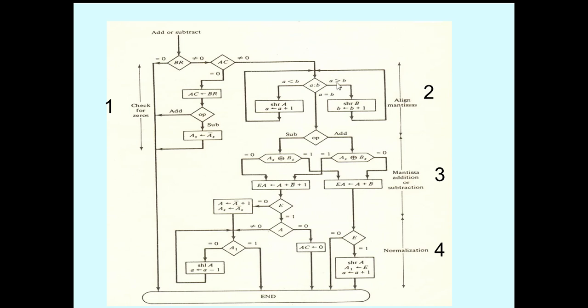If a is greater than b, we have to shift right the mantissa of b, and by that the exponent value of b can be increased. Then once again it goes to this condition: are the exponents equal or not?